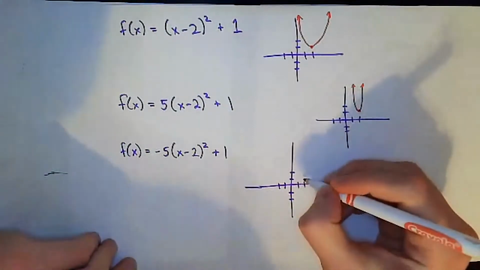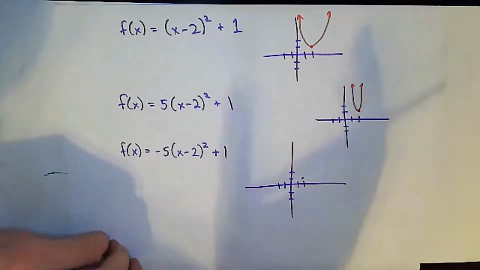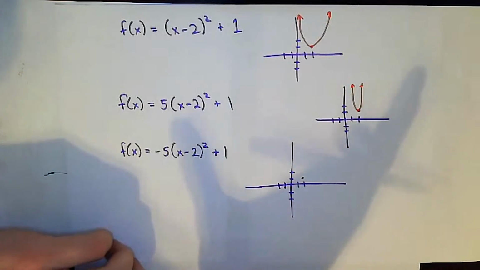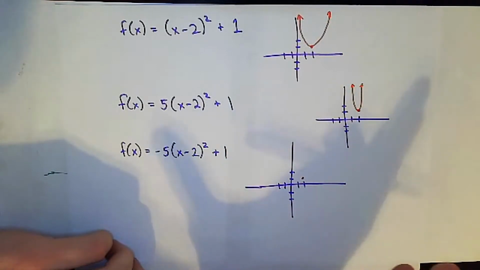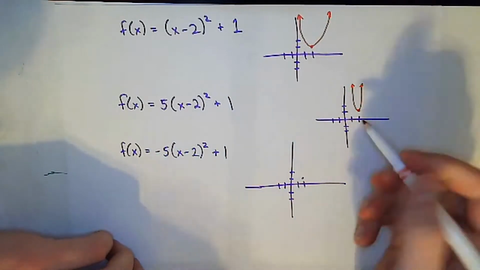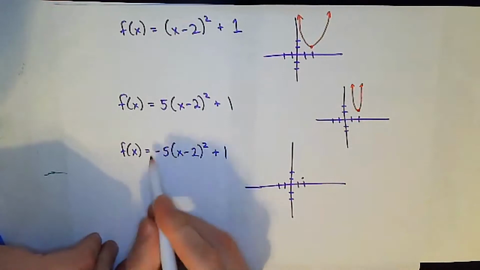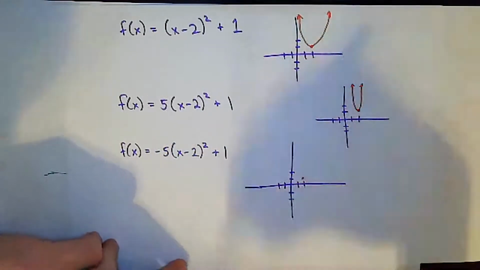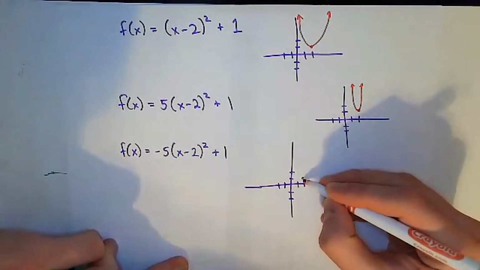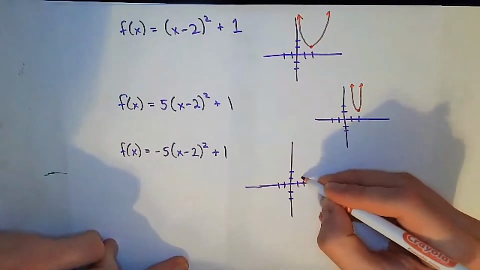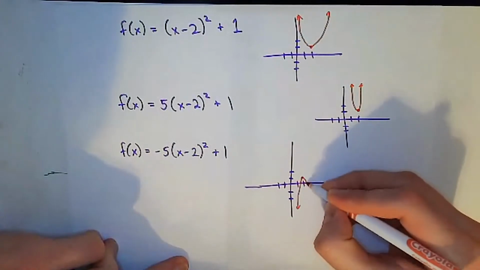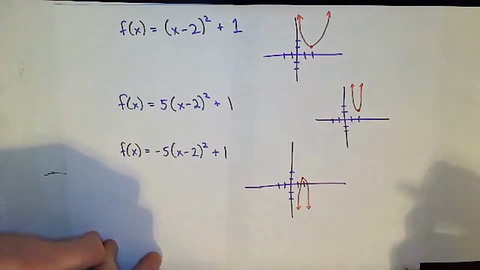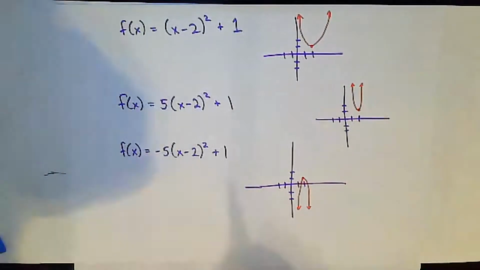So it still goes over 2 up 1, and it's still going to be stretched vertically or compressed horizontally like this shape. But when I negate the outside here, not the inside, but the outside, that flips it over the x-axis. So I should have something more like this, flipping this upside down.